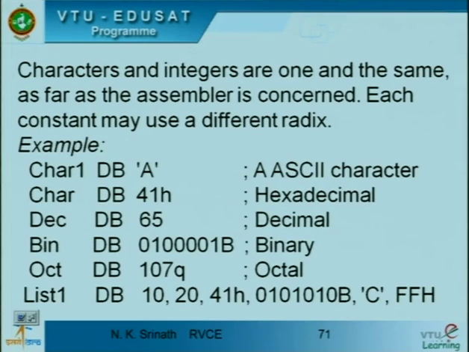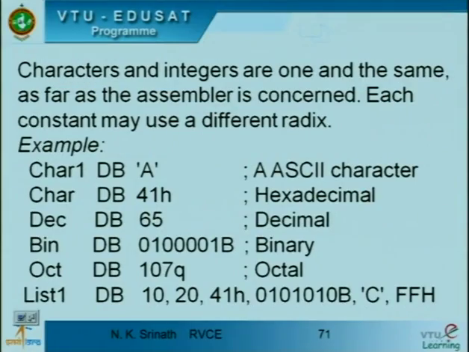Binary DB 01000001B says that it is binary data. The B at the end of this number explicitly says that it is binary, and the value is converted to its hexa equivalent and stored.